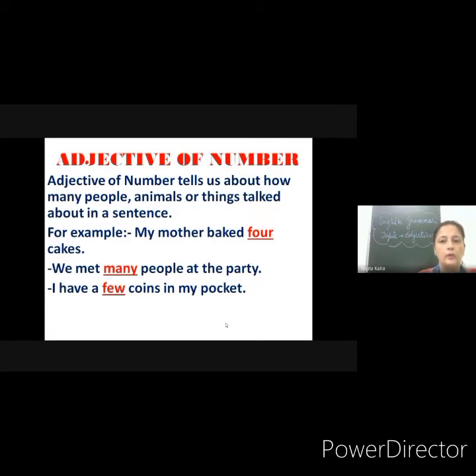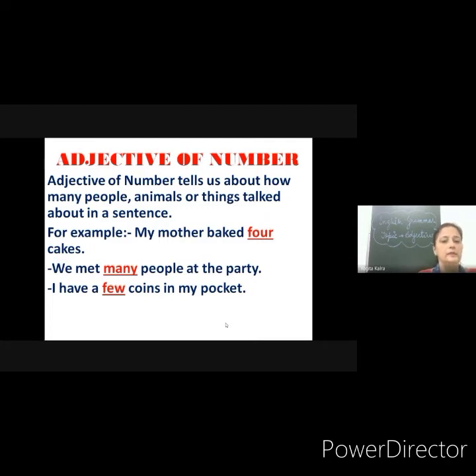You can count the nouns. As you can see in the first example, my mother baked 4 cakes. So here the word 4 is used as an adjective of number because it is used with the countable noun cakes.